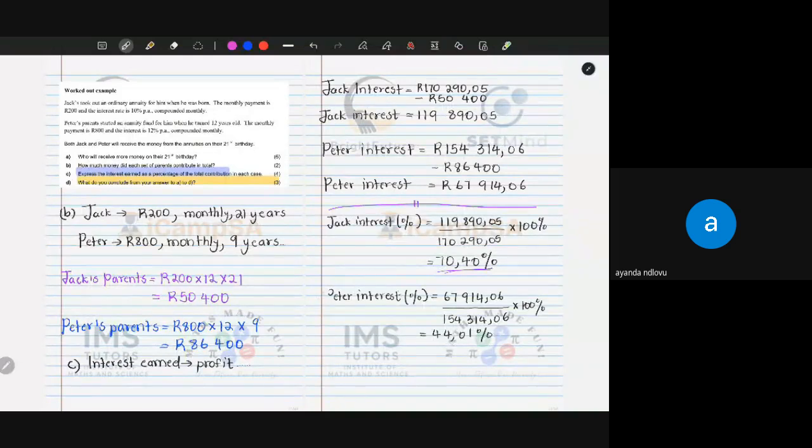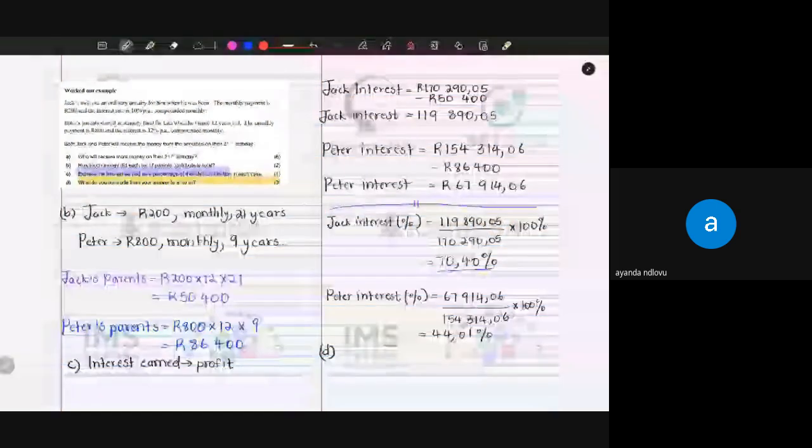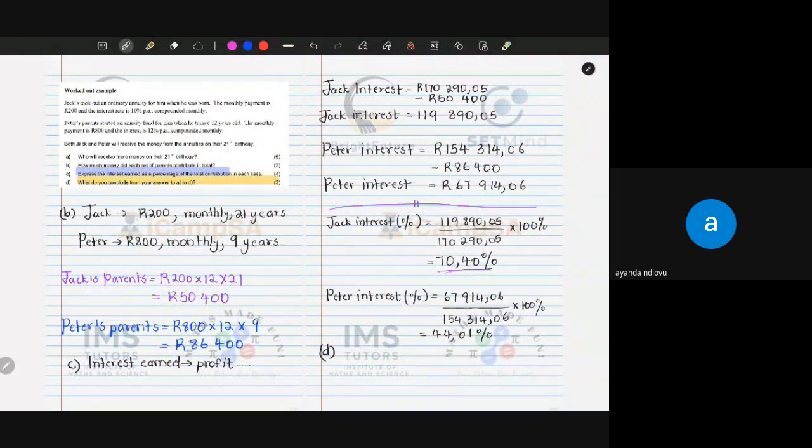What is our conclusion, which gives us D?